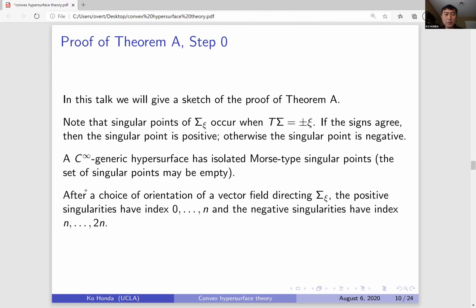I'm not concerned about the dynamics for the moment, I'm just talking about neighborhoods of singularities. So you can take a C infinity small perturbation and make sure that the characteristic foliation has isolated Morse type singular points. Okay, and then after a choice of orientation of vector field directing this characteristic foliation, the positive singularities have index 0 to n, and the negative singularities have index n to 2n.